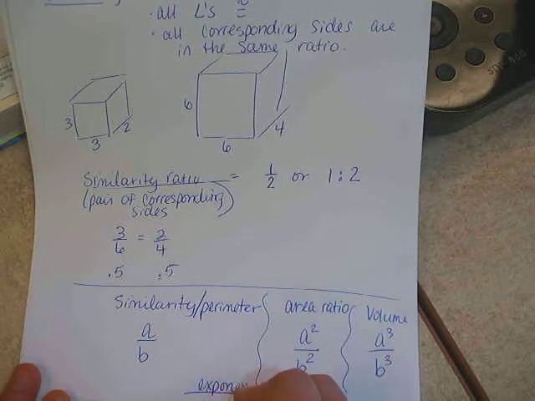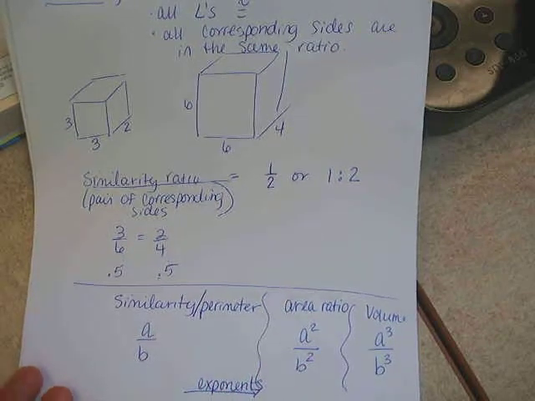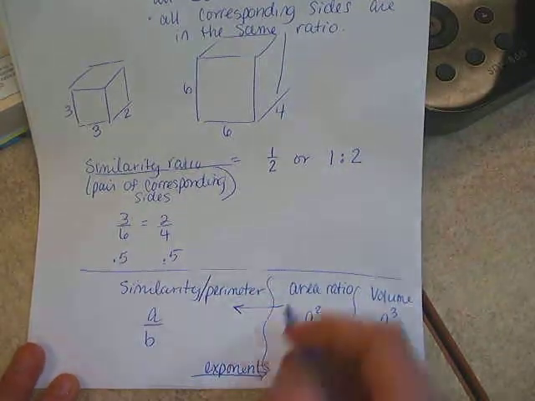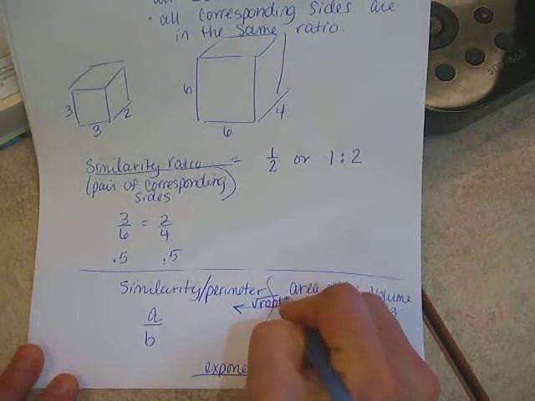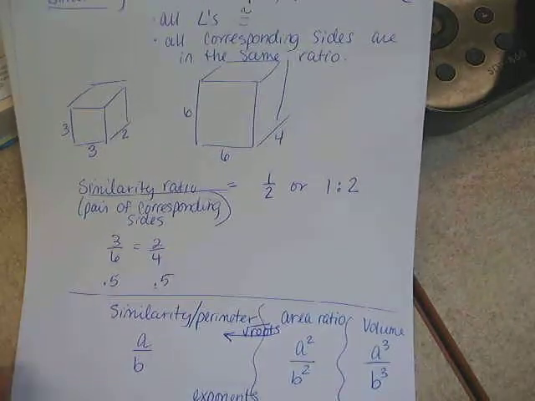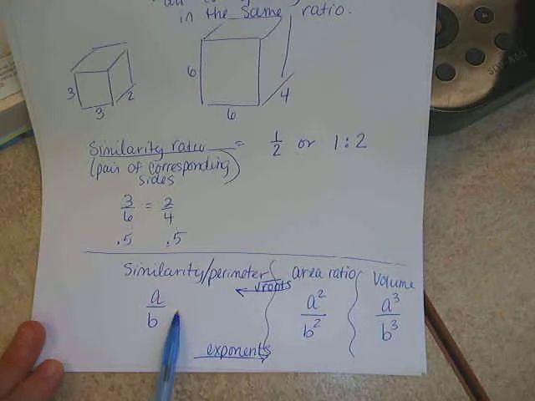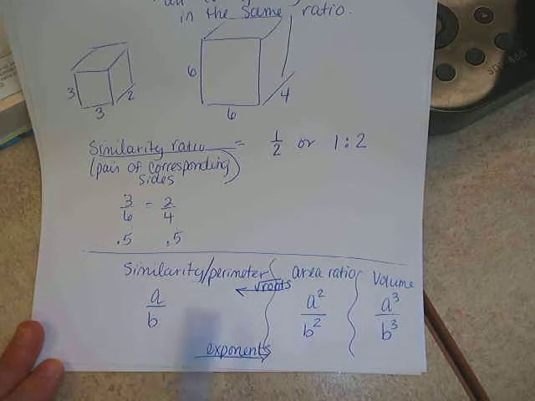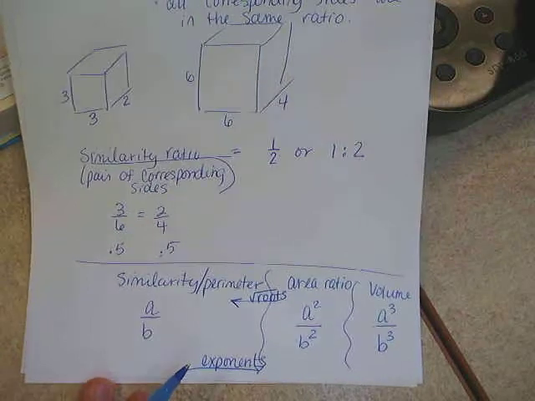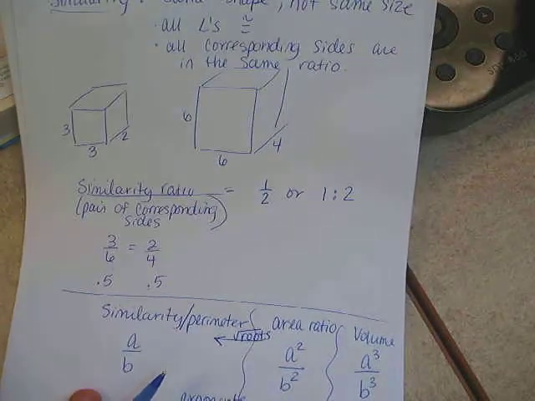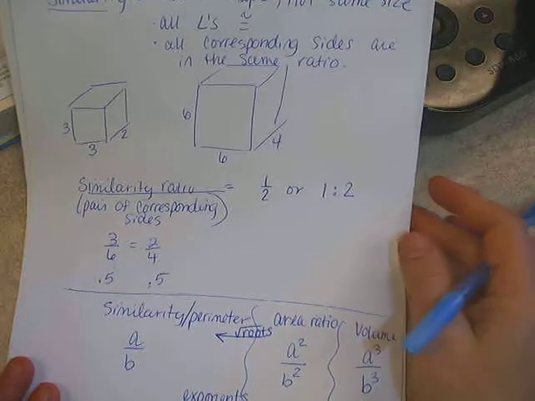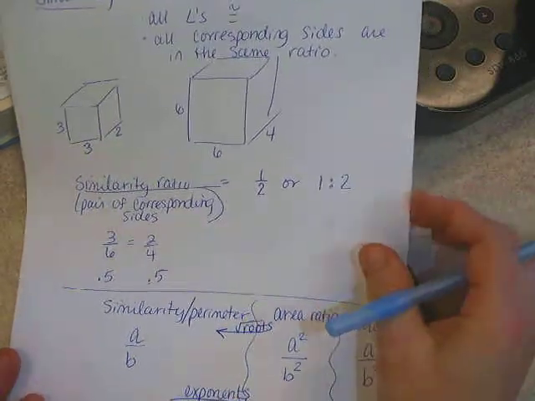So if we are going this way, we figure out the other one with exponents. But if we are going back that way, we use roots. Okay, so to get from similarity to area, we use exponents, or to volume, we use exponents. But if we're going backwards, then we use a cube root or a square root, depending on which one you're starting with.